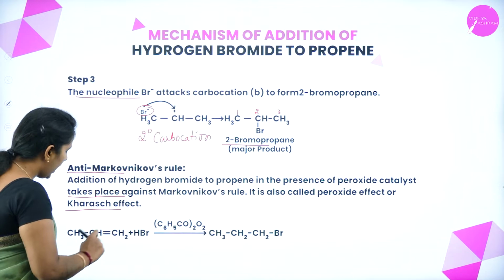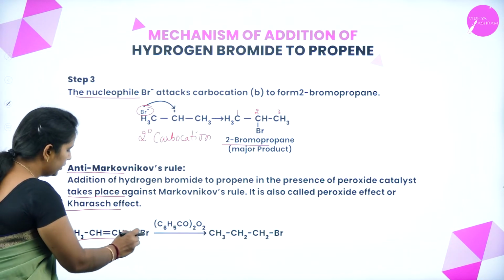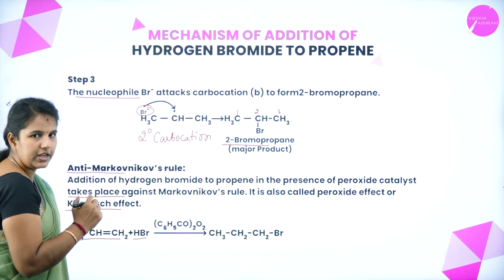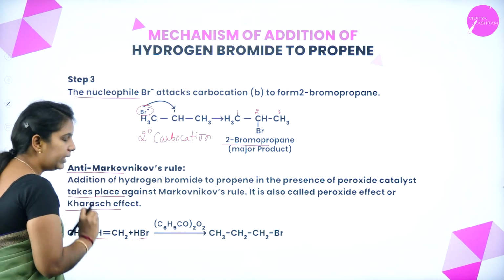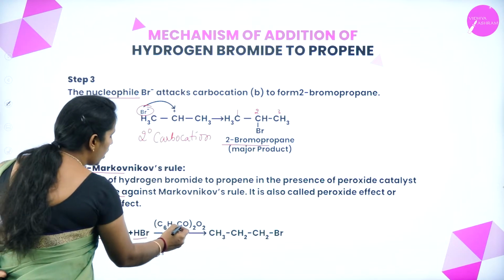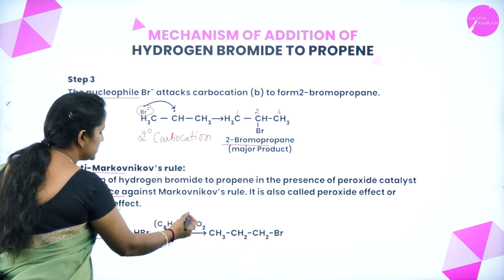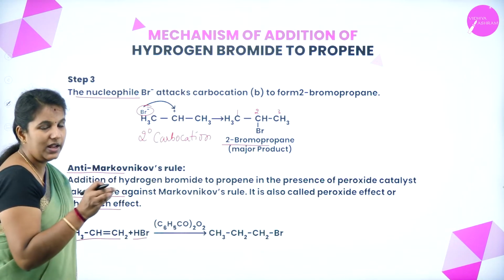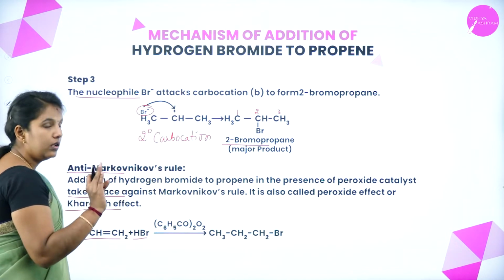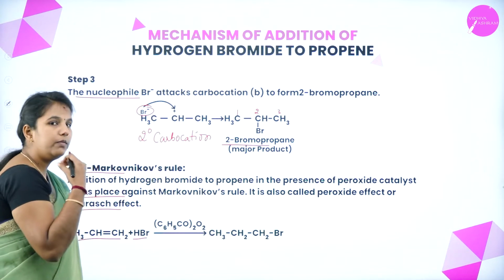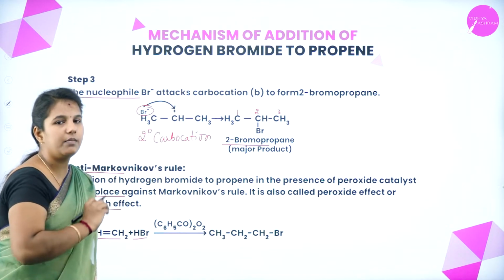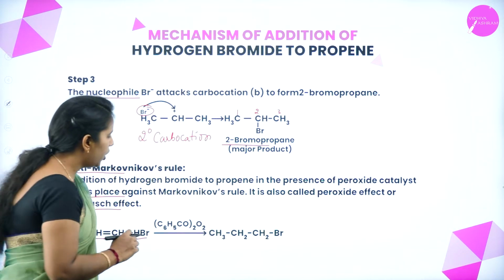So here I have considered the propene. To this I have added HBr, which is a hydrogen halide, in the presence of peroxide as a catalyst. Here I have considered benzoyl peroxide as my catalyst. Here the addition of this HBr takes place against the Markovnikov rule to form what?